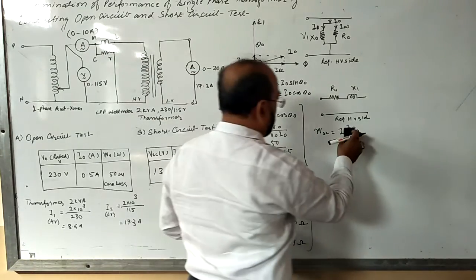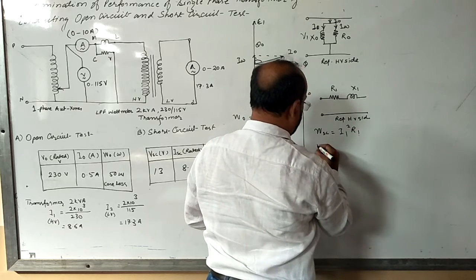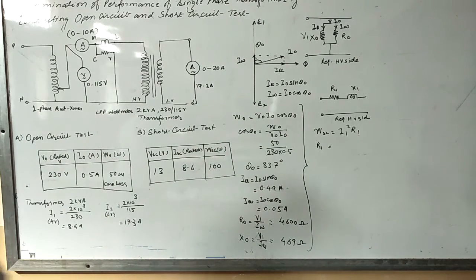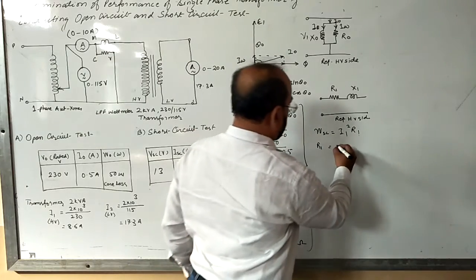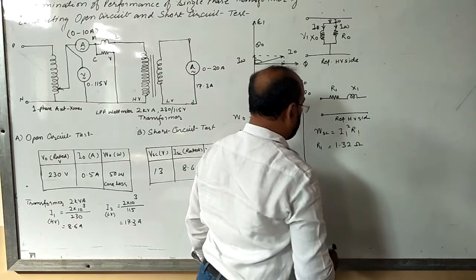So it is I1 square R1, and therefore we are able to find R1, the resistance referred to the primary side. It is equal to 1.32 ohm.